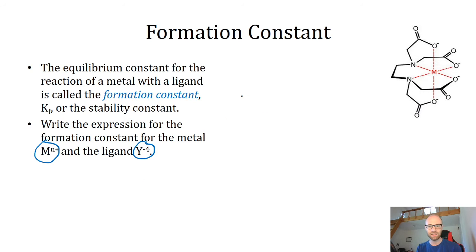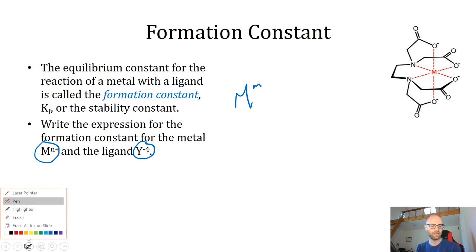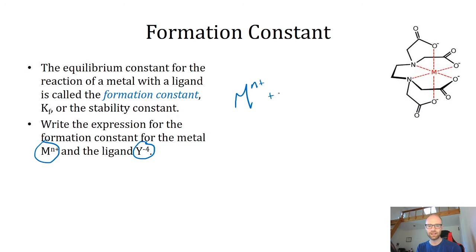So in our reaction, metal M with charge n has the ability to react with Y4 minus, and it will react to make, well, what you're seeing here, but we're going to call this MY n minus 4, because that would be the charge of the complex.